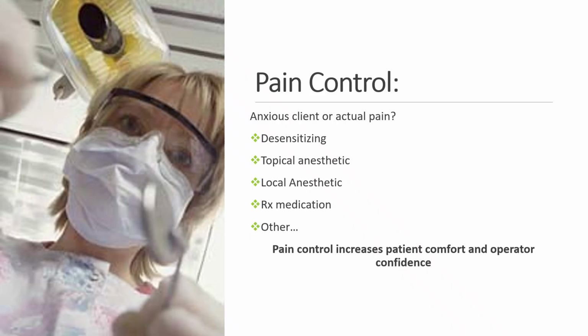Do we have a really anxious client that may need some medication to be a little bit more calm in the chair? So these are questions that we have to work with and ask our clients to make them comfortable so that we can do the best job that we can for them.